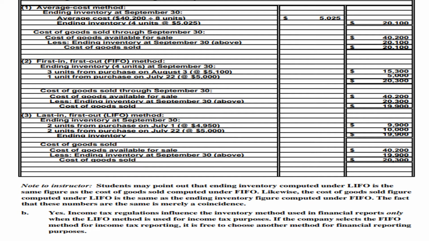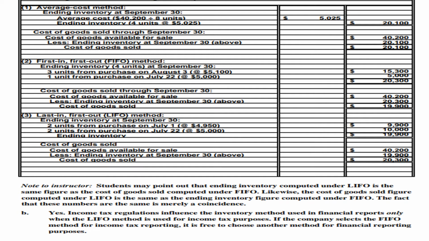So in case of average cost, first of all, we know that the total cost of all units is 40,200, and we have 8 units in hand, so we divide 40,200 by 8, so we'll get average cost of 5,025. And at the end of the period we have only 4 units left in our inventory.